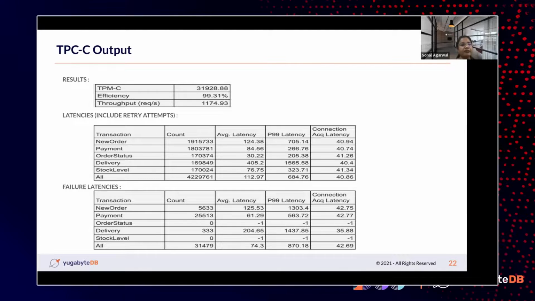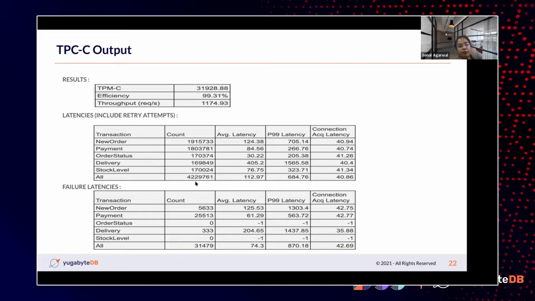After the results, we have the latencies, and these latencies also include the attempts. We have different types of transactions executing in TPC-C: new order, payment, order status, delivery, and stock level. The count of each transaction executed and the average latency for each transaction is displayed here, with their P99 and connection acquisition latencies.